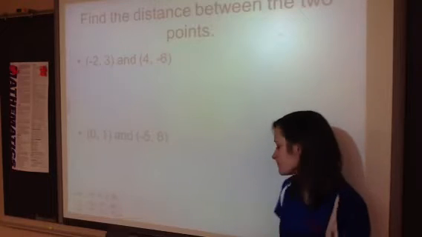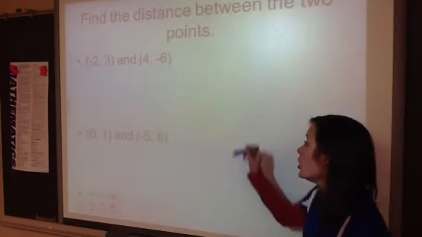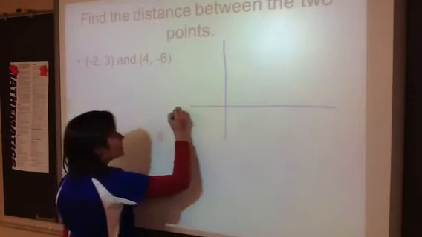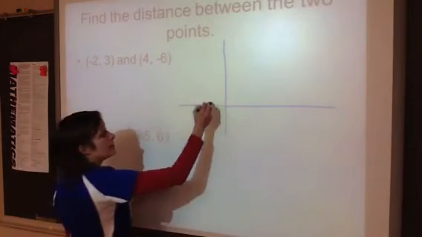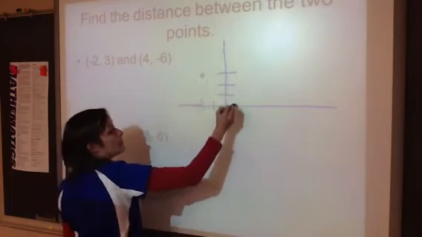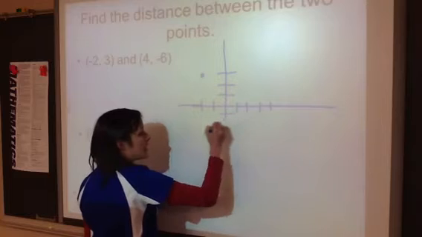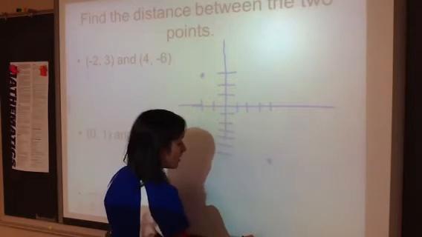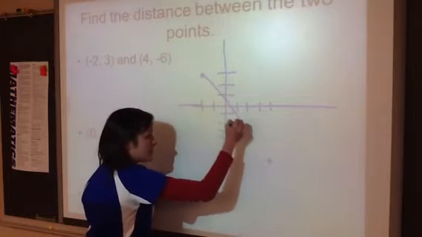All right, so now what we're going to do is find the distance between two ordered pairs. In Mr. Jones's class, you graphed those two ordered pairs. So if I plot the point (-2, 3) and the point (4, -6), we want the distance of that line segment.